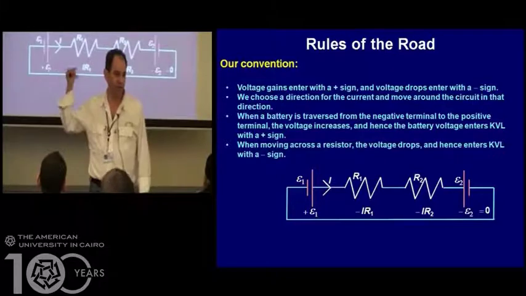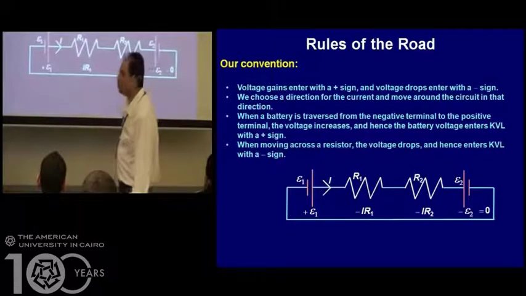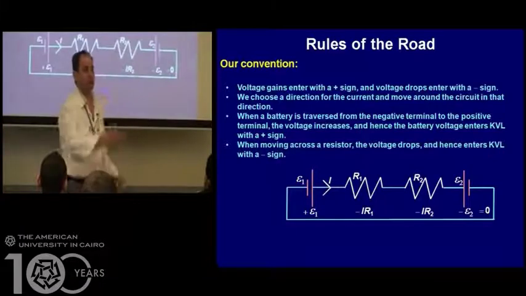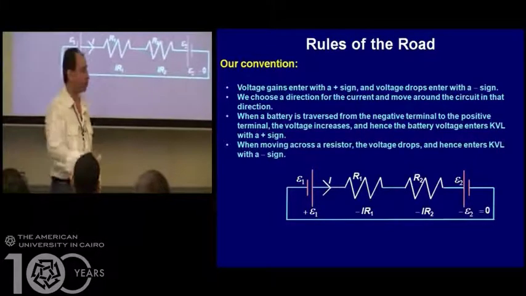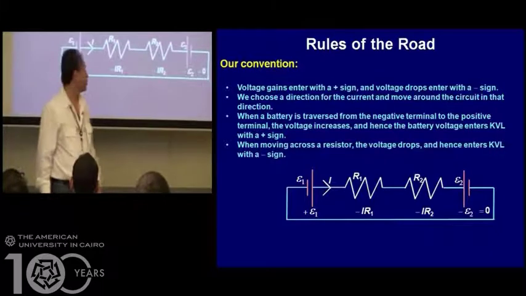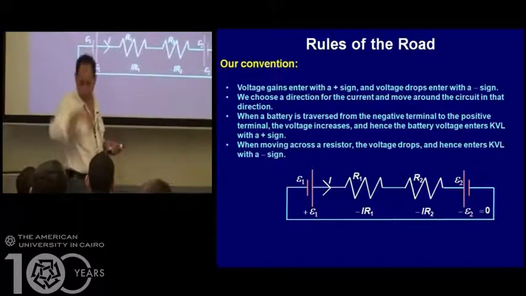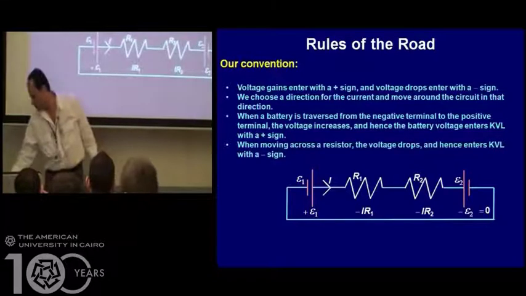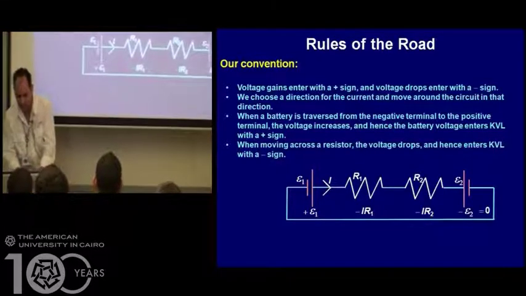On the screen, I have chosen the clockwise direction, and I will do it that way. Then I will change the direction and do it again counterclockwise, and we'll see what happens. So the first thing is that we have to choose a direction.